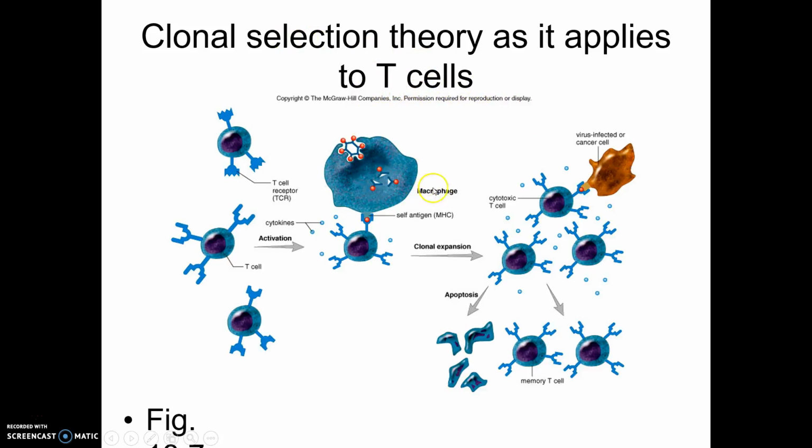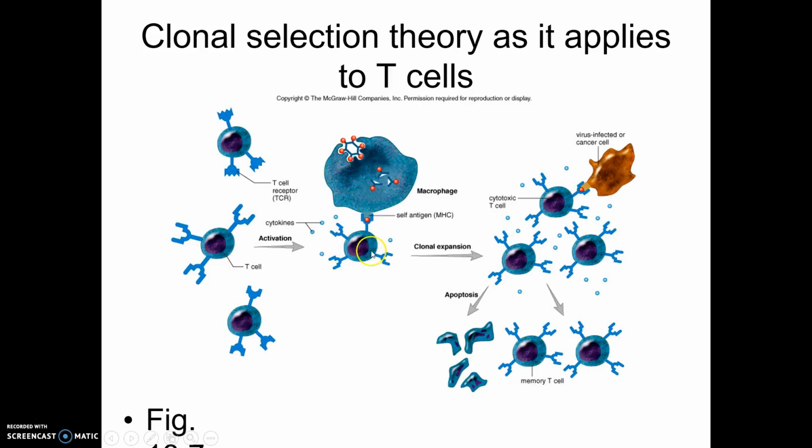Okay, now we're looking again at the cell-mediated immunity, where we had our antigen-presenting cell, such as a macrophage or a dendritic cell, which comes across the invader, engulfs it, breaks it down, then travels and usually finds the T cells to see if it has a fit for the antigen.